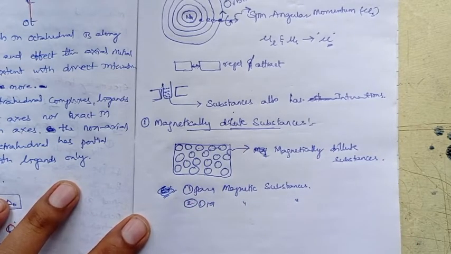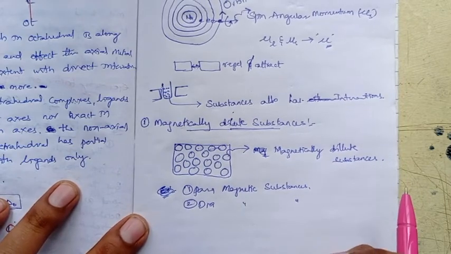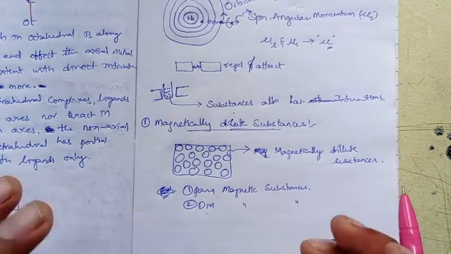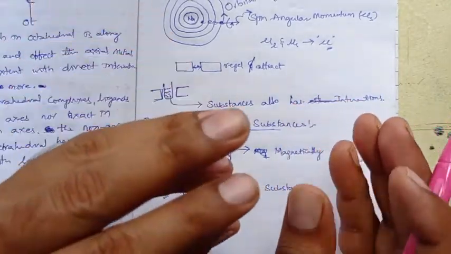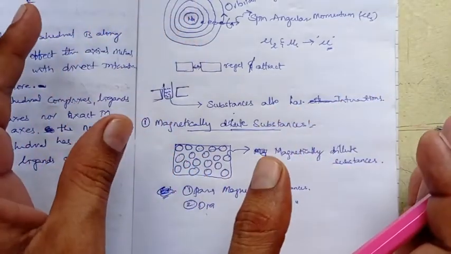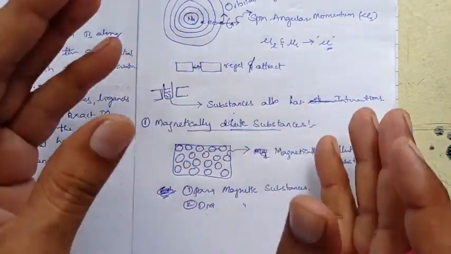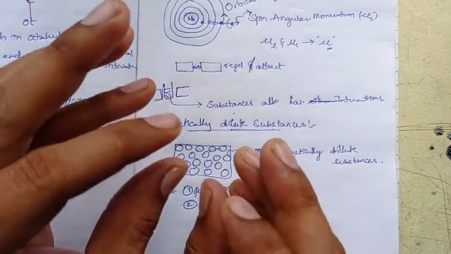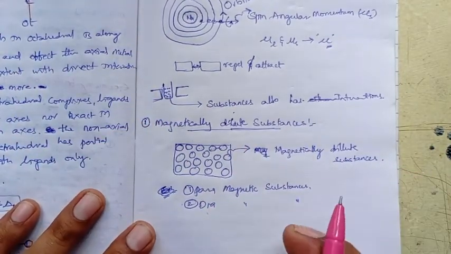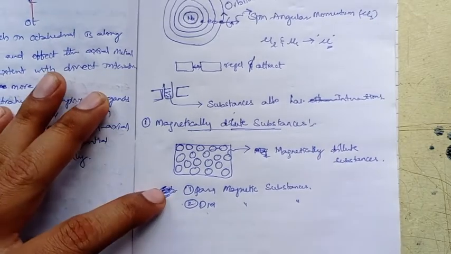These two belong to magnetically dilute substances, where the individual magnetic centers cannot interact with one another, so the theoretical and practical magnetic moment values are nearly equal, right? Nearly equal in these para and diamagnetic substances.